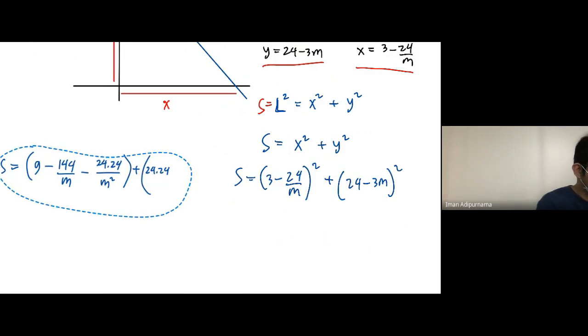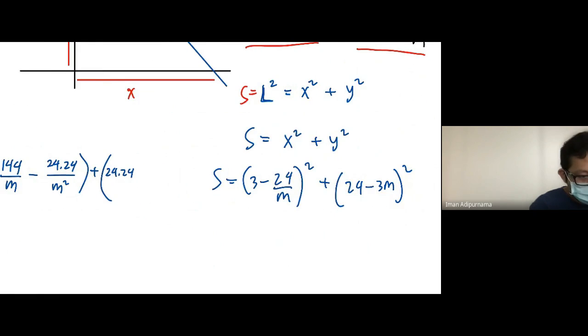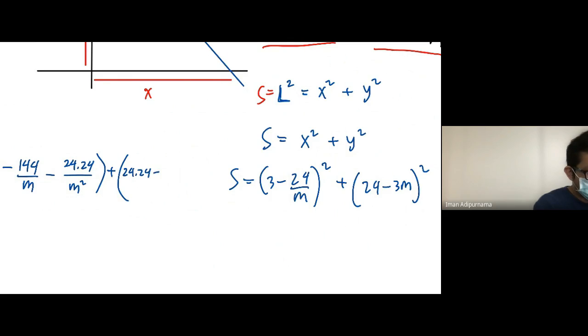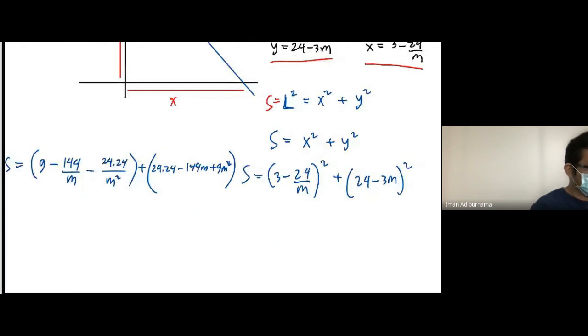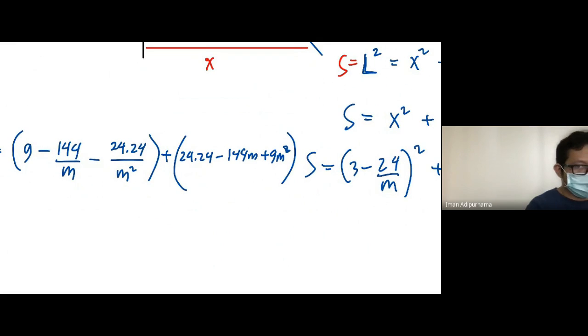I don't want to. 24, 24, negative, plus 9m squared. Okay, solve this.